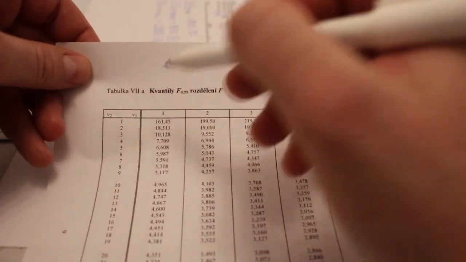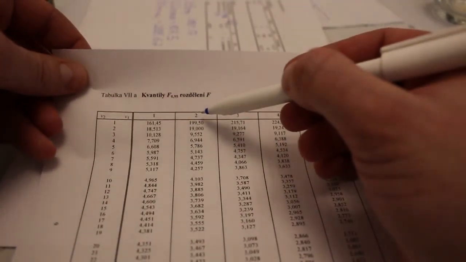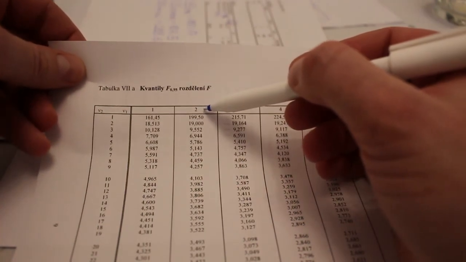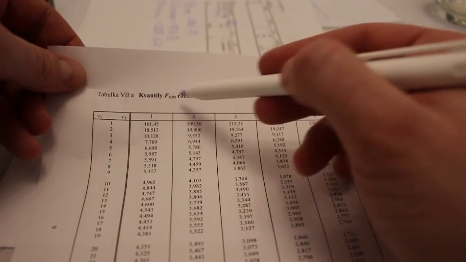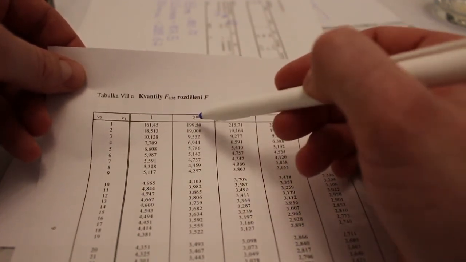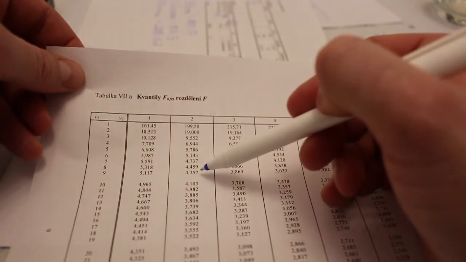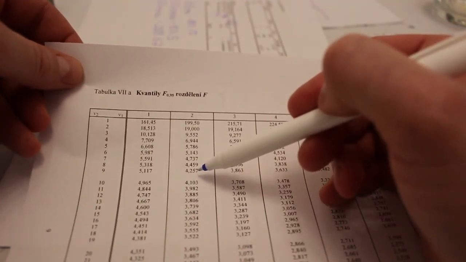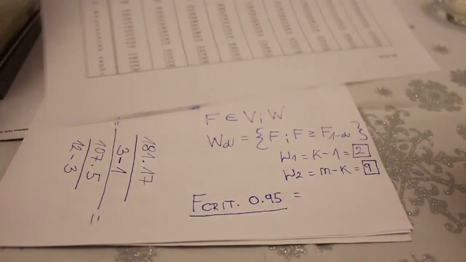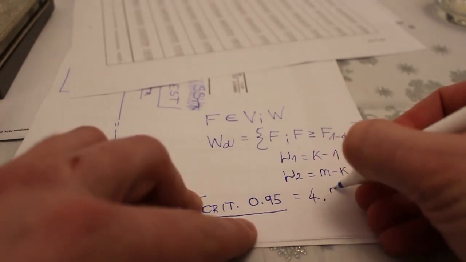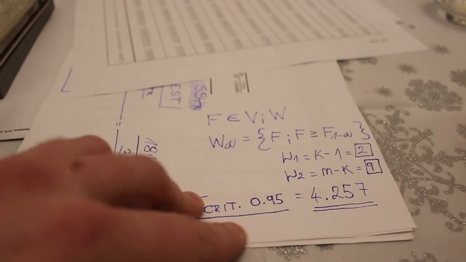And you know that you must find 2 and 9. So, second column, there must be F 0.95. You have a lot of these pages. nu1 is 2, and nu2 is 9. So please find the value 4.257. This is the critical value.